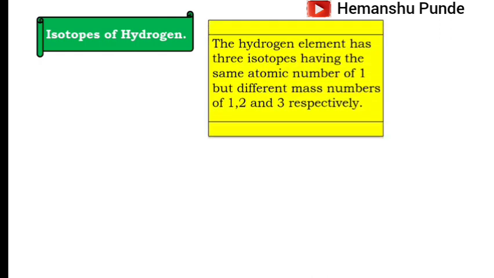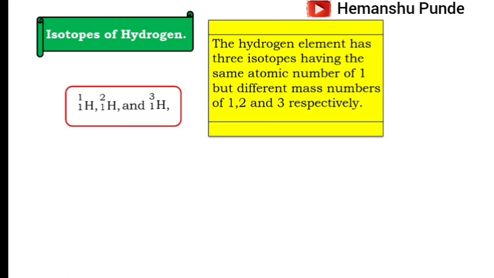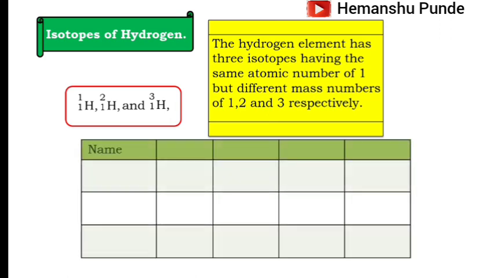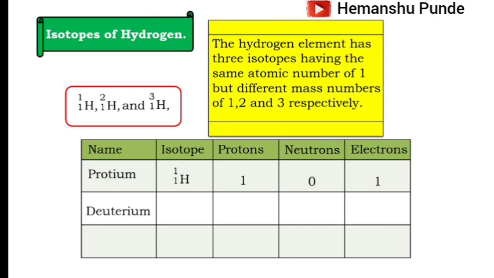Isotopes of hydrogen. The hydrogen element has 3 isotopes having the same atomic number 1 but different mass numbers 1, 2 and 3 respectively. So it will be 1H1, 2H1 and 3H1. Protium 1H1: 1 proton, 0 neutron and 1 electron.